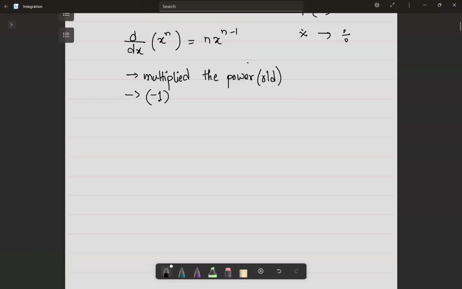So what will we do? In order to integrate, you will go backwards. Initially the second step was to subtract 1 from the power, right? So what will you do?